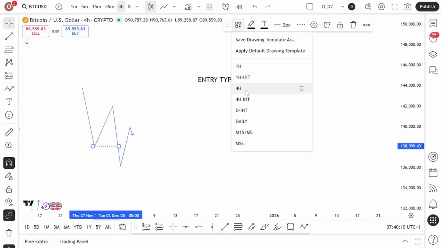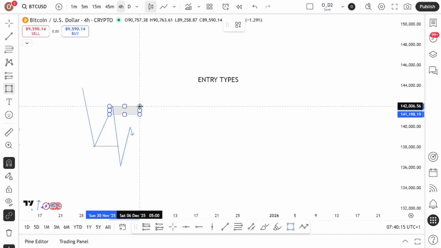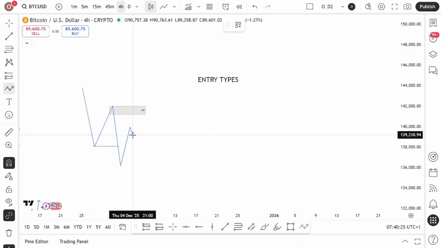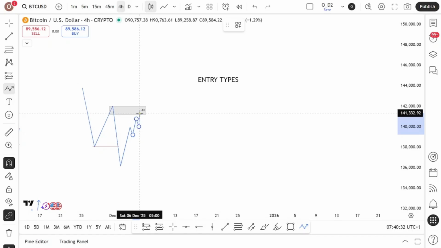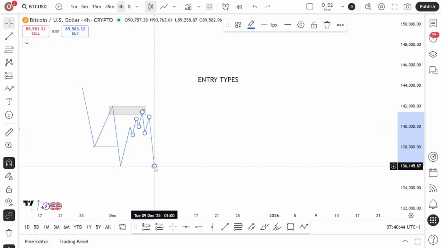So directional buyers, you are bearish. This becomes your point of interest where you need price to come into. And then on your 45 minutes, remember I've changed from 1 hour to 45, or your 15 minutes or your lower time frame, price is pulling back like this, then gets to your POI, it shifts, and then it retests. There you will get in, and then you will now target the low.